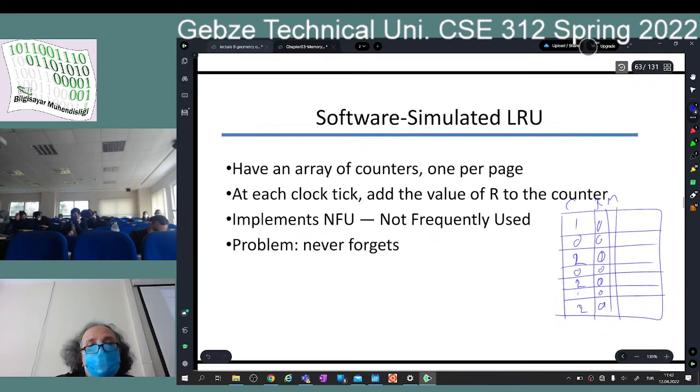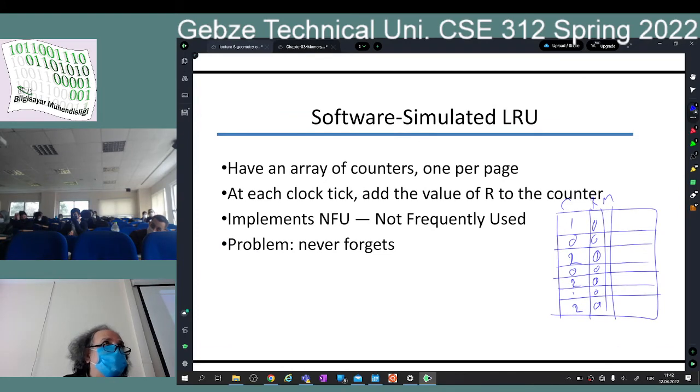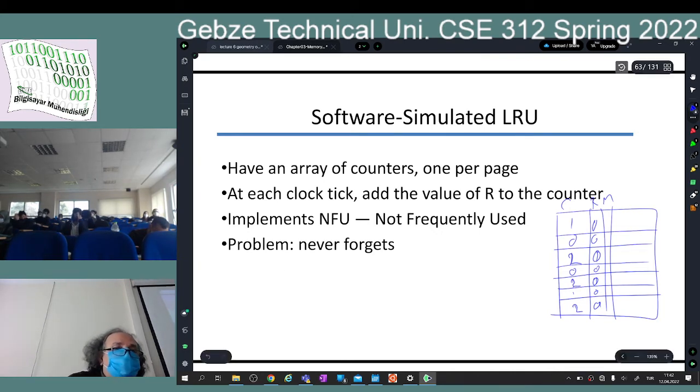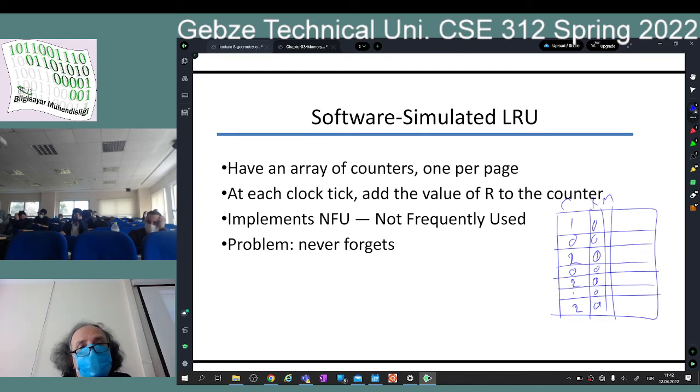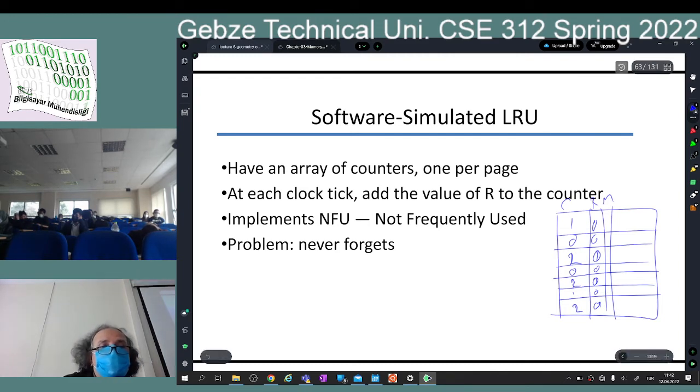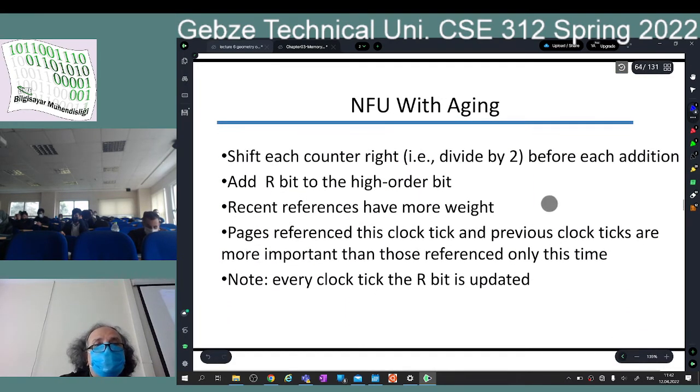This one tries to do the same thing, but not at every memory access, only at every clock tick. I keep adding these numbers, and the problem is it never forgets. It just measures how many times I use this page. It doesn't tell me what happened recently. So that's not a good idea, but we can do this nice solution.